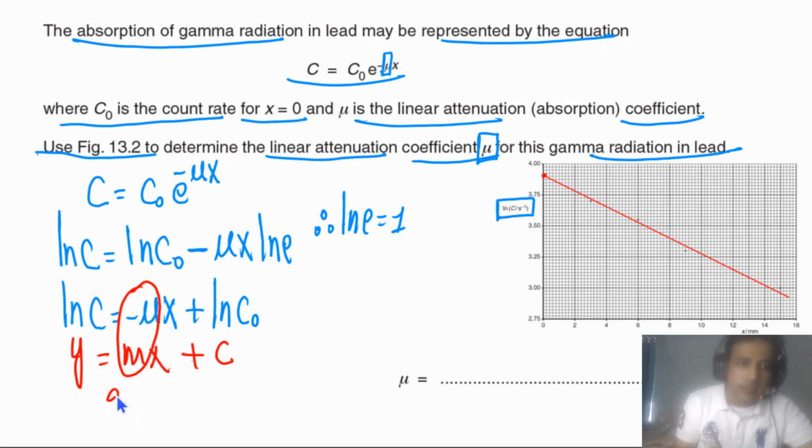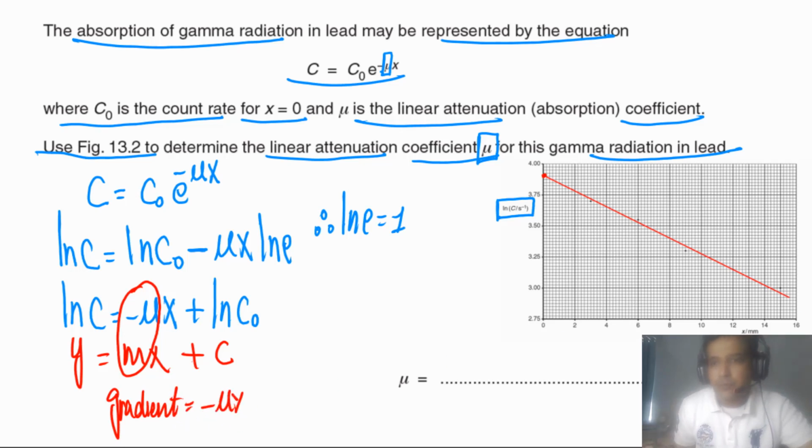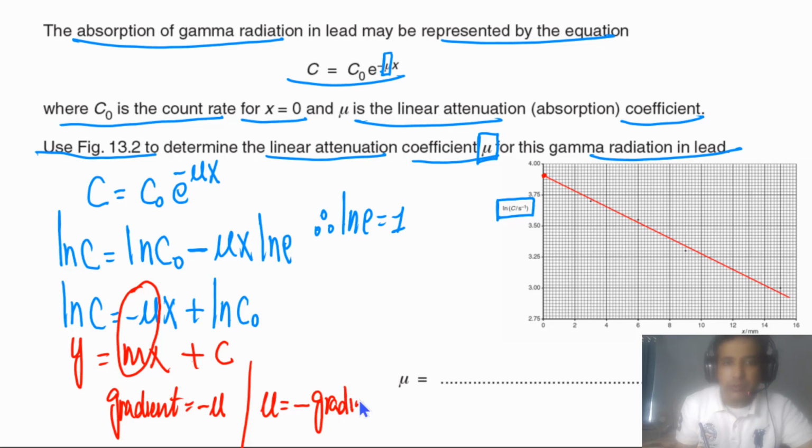So the gradient is equal to negative mu, and we can say mu is equal to the negative of the gradient. This is the point you need to understand. We will calculate the gradient and then take the negative of the gradient, which is the value of mu. So mu will be positive in this case.